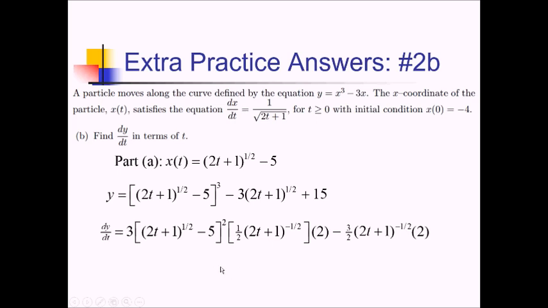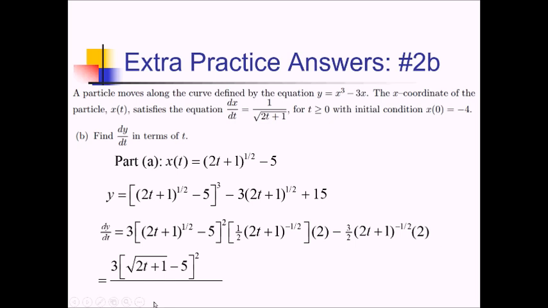So when I'm simplifying this, I notice that I have some things with negative exponents, which means there's some things that should end up downstairs if I turn this into a fraction. Upstairs, I've got this 3 times all of this stuff to the second power. So I'm going to write a numerator with 3 times square root of 2t plus 1 minus 5, all of that squared. And let's see here. I'm bringing this stuff downstairs. So I've got a 2 downstairs already. I've also got the square root of 2t plus 1 downstairs.